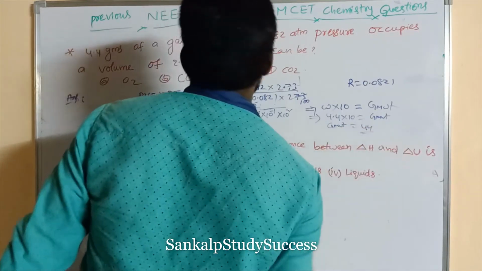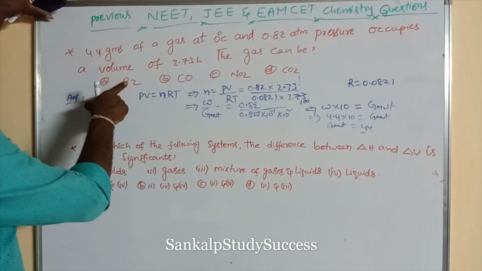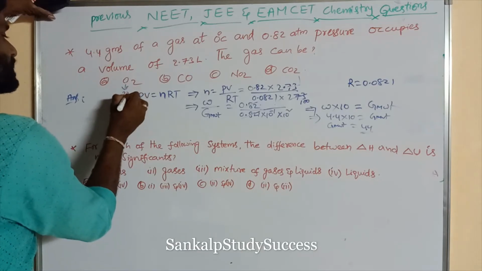So which one has 44 gram molecular weight? Oxygen: each oxygen is 16, 2 into 16 is 32.